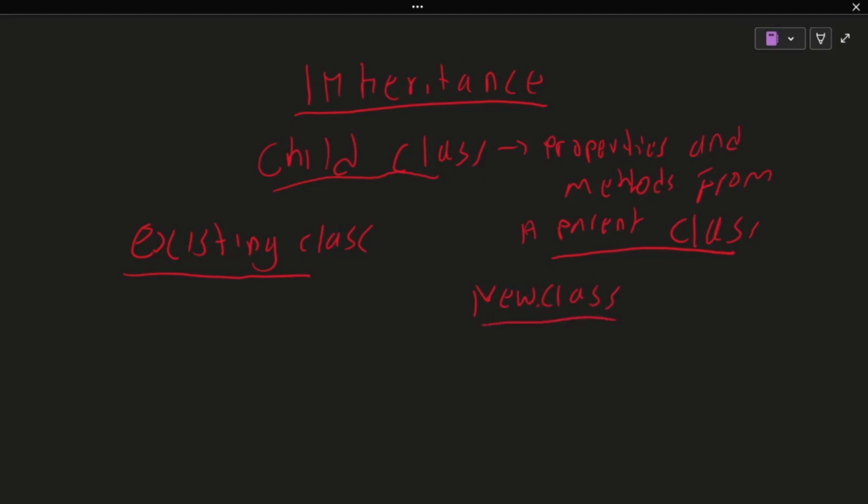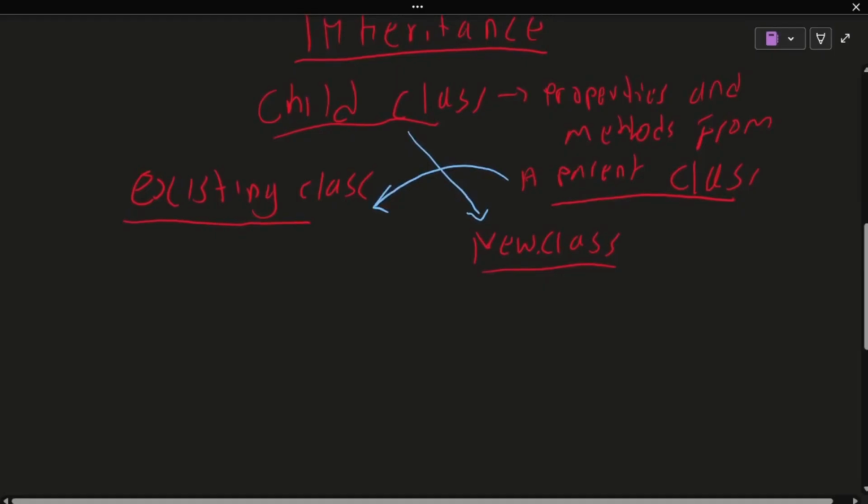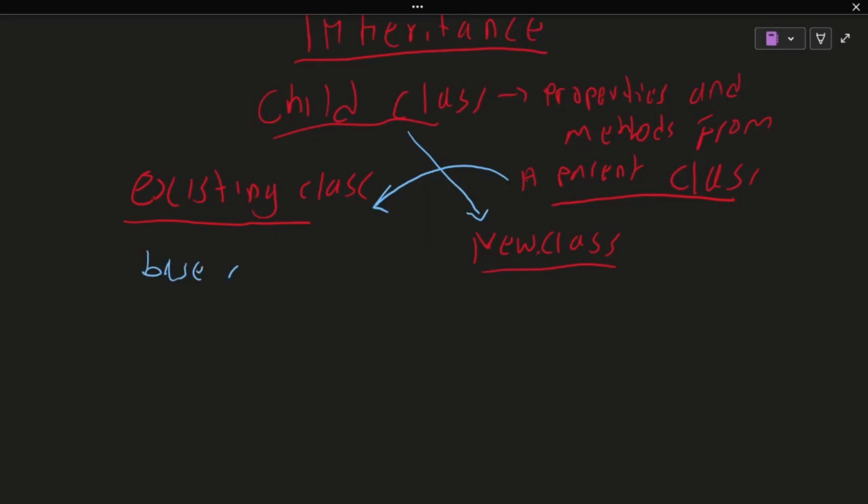I hope you can see this kind of scenario. So a child class, we are just referring to a new class, and a parent class is called the existing class. So you may also be faced with other terminologies, such as an existing class or a parent class may be termed as a base class. Depending on the situation, it may also be called the super class.